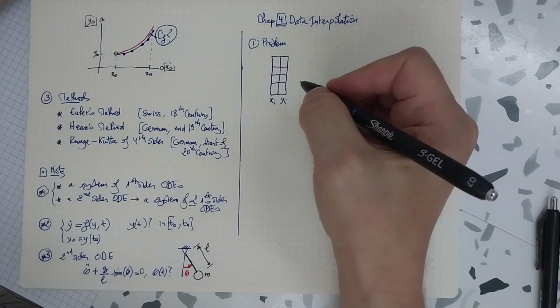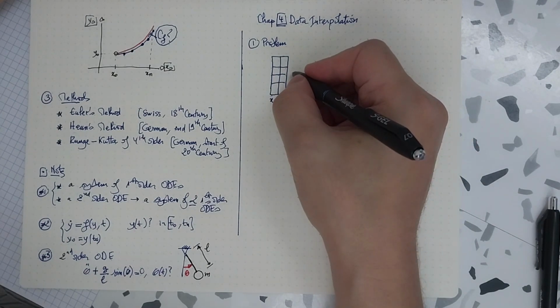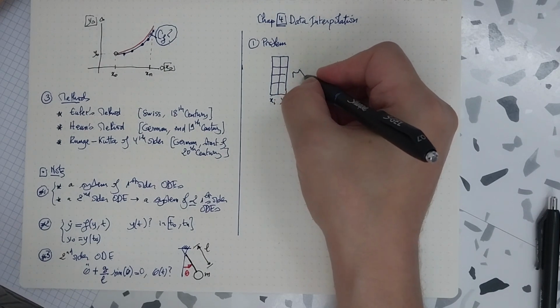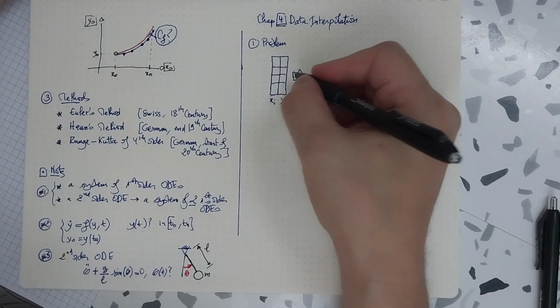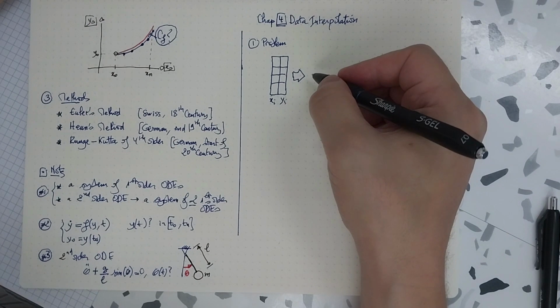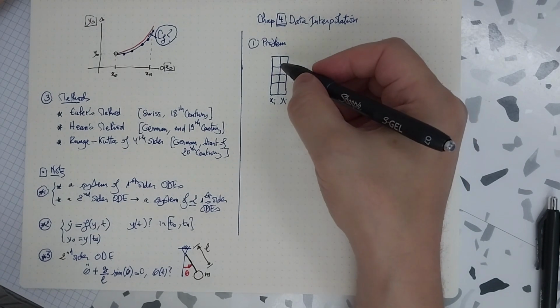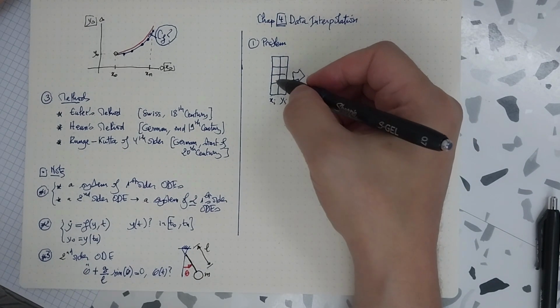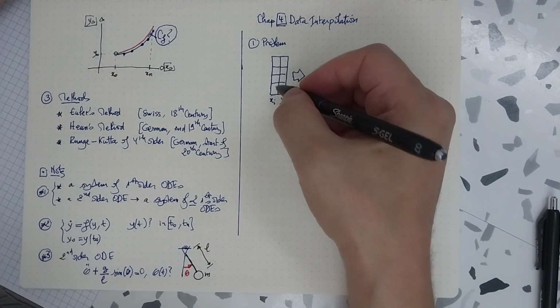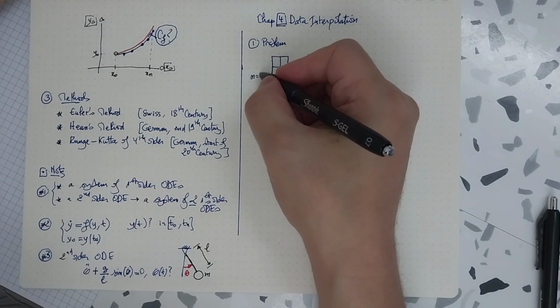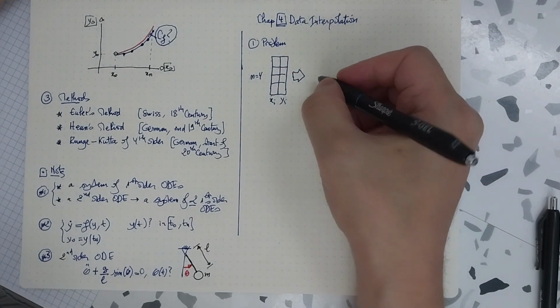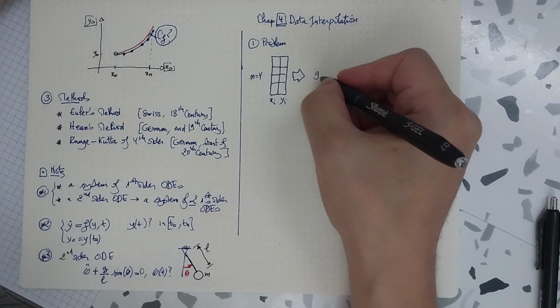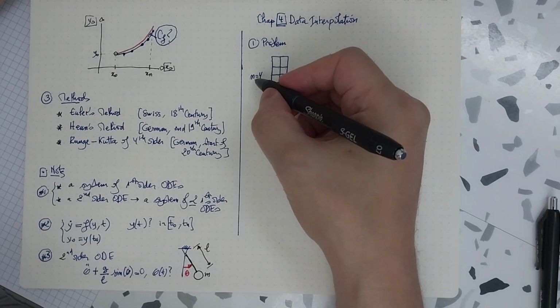And you are asked to find a polynomial that passes exactly through these 4 points. So if you have 4 points, then we must find a polynomial of order 3, the number of points minus 1.